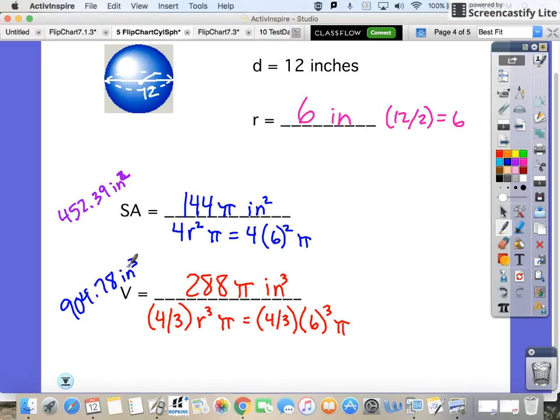That's how big that ball is, that basketball or whatever. Okay, you guys have an assignment. Make sure you know which ones to do and which ones not to do.